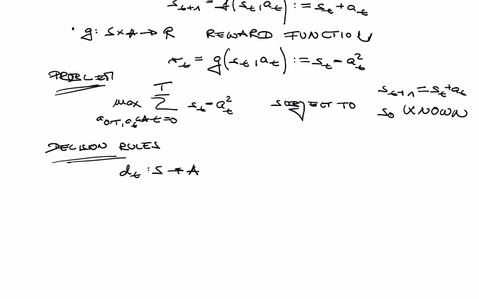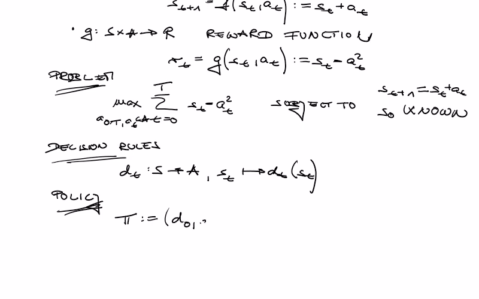That's what a decision rule answers. So it returns for each state, so in principle state dependent, an action, not necessarily an optimal action. This is just a decision rule. Same for the policy, which is just a sequence of decision rules, a sequence of functions from 0 to T.